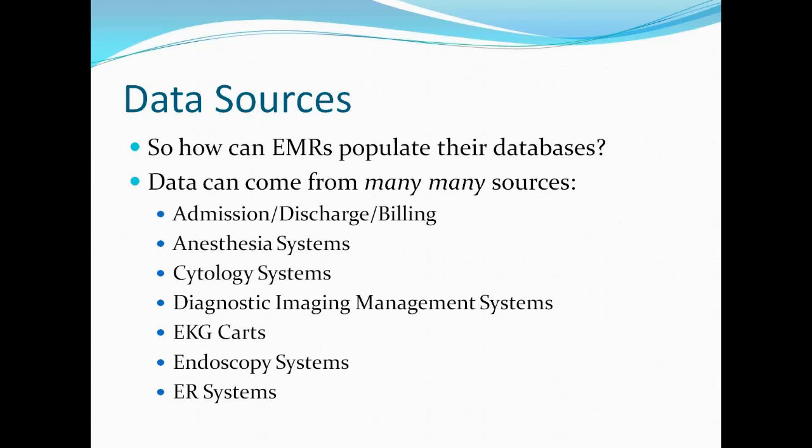Now, where does the data come from for EMRs? So the data comes from a lot of different sources. First of all, there will be data from admissions, discharge, and billing departments.